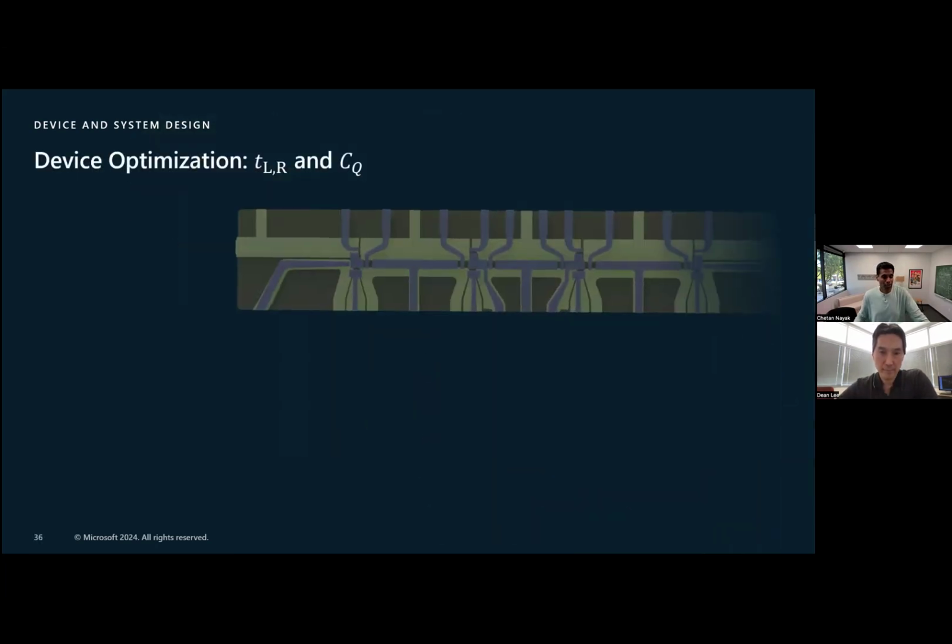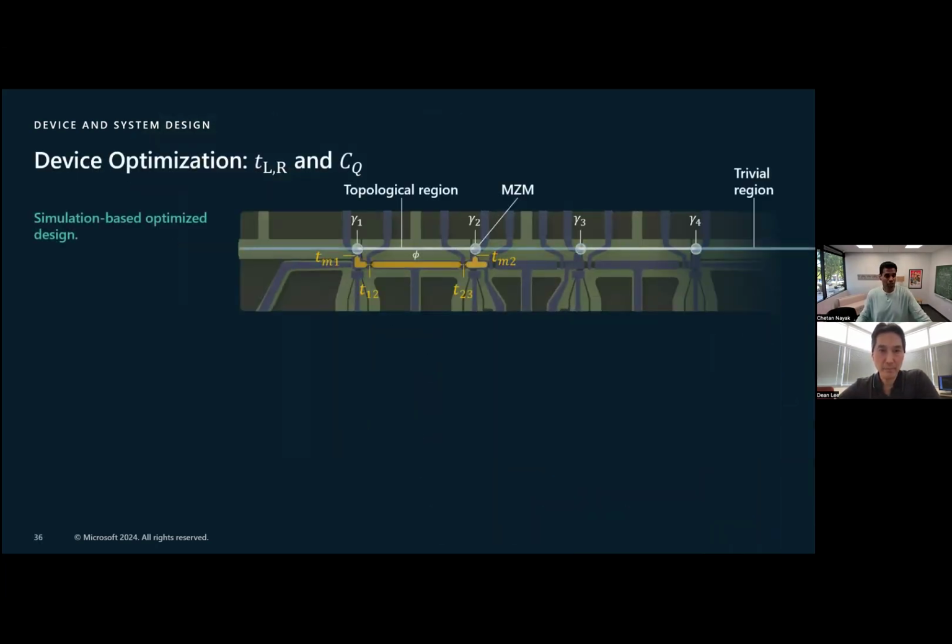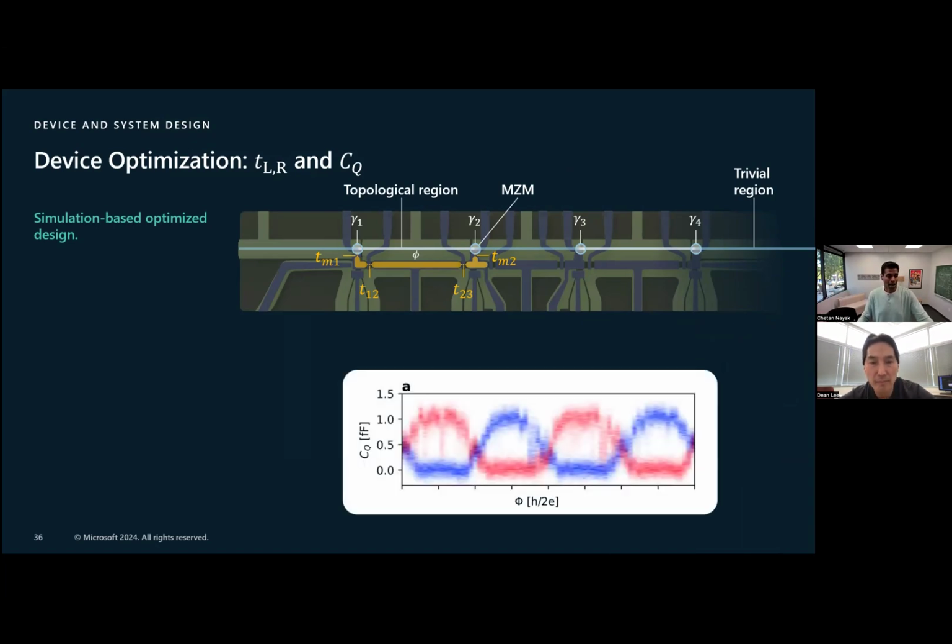Now, this device has been heavily optimized through simulations so that the junctions, the size of these quantum dots, the charging energies, and so on have been optimized so that when we measure the capacitance of this dot you have here, of the gate to the dot, that capacitance has a flux dependence, okay? The flux through this loop that looks like this.